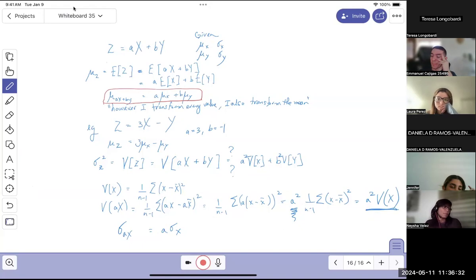And the other point to make is when you're figuring out the variance between two variables.